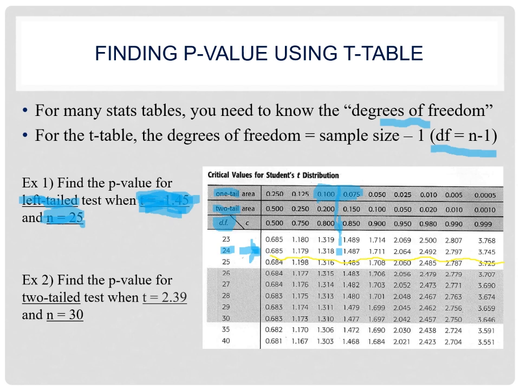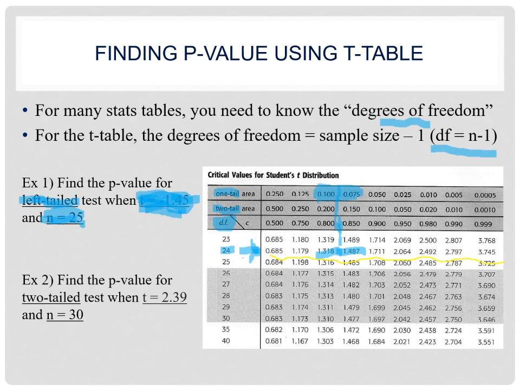Here's why I have two numbers and not one, because you're used to using the z value and you get one number. 1.45 is somewhere in between these two numbers, 1.318 and 1.487. I'm not going to try to figure out exactly how far away they are or which one is closer. We can't do that. We need to actually use in between.